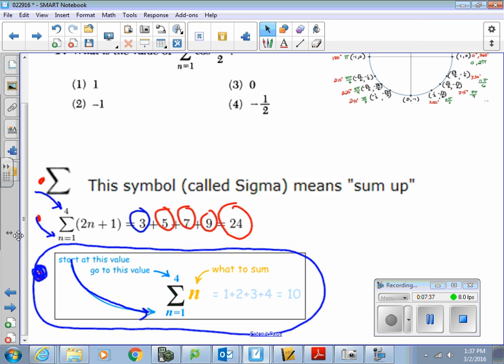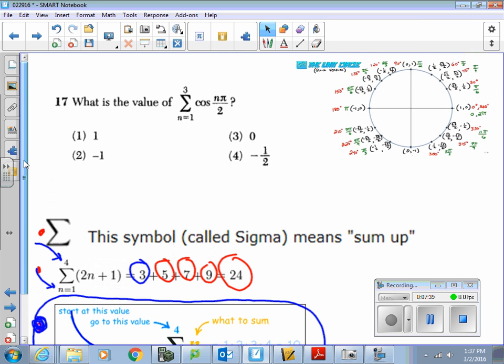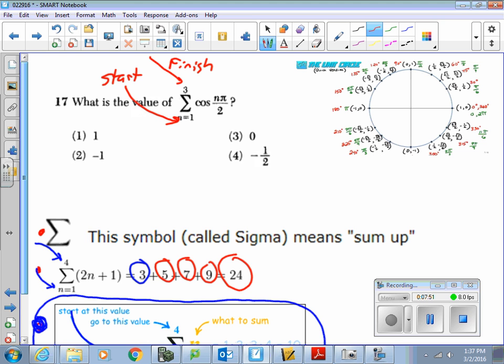Coming up here, a little bit more difficult because you have cosine involved. But you still are going to start here and finish there. So we're going to plug in those values for n. Our first one is going to be cosine of 1 times 5, so 1 times 5 all over 2.